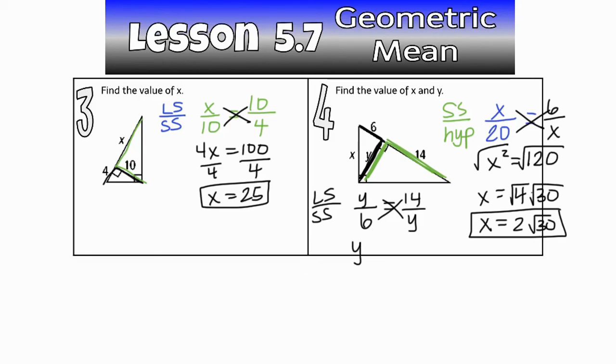Cross multiply, and I get y squared is equal to 84, and then I'm going to take the square root of both sides, and so y is going to be equal to the square root of 4 times the square root of 21. So that's going to be 2 square root of 21. And then you could approximate that as well if that's what your answer choices were calling for.